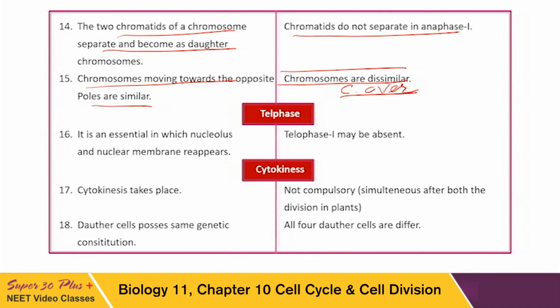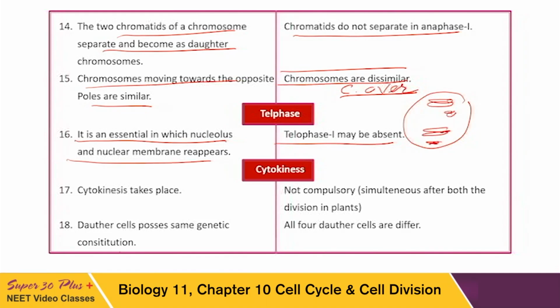Now, telophase. In mitosis it is essential, in which the nucleus and nuclear membrane reappear. In meiosis it may or may not be present. It may be absent. Here, what is there? These are 2 chromosomes, 1 and 2, 1 and 2. It is not necessary that telophase be present, or cytokinesis. Telophase first may be absent.